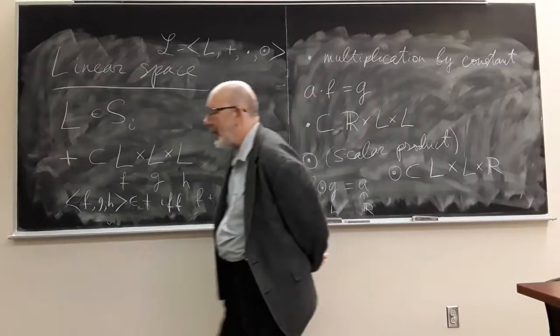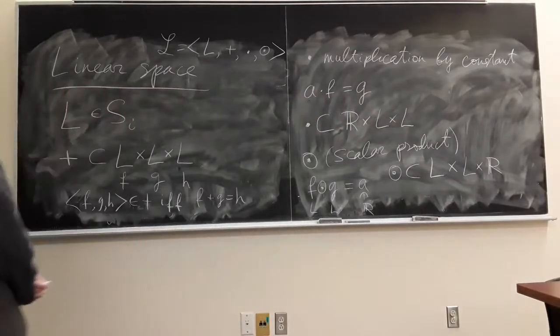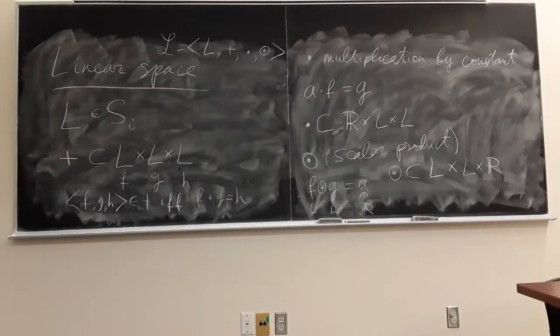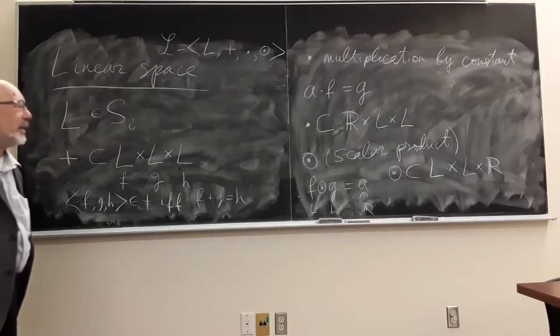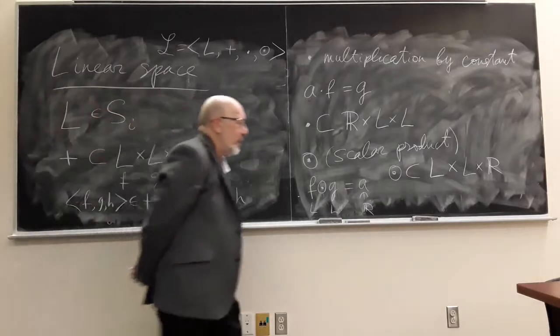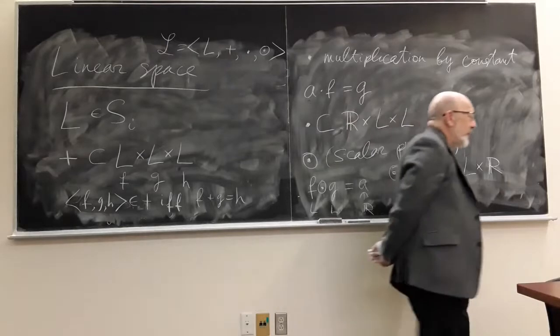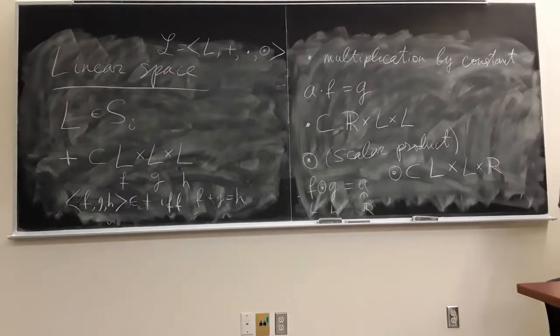However, we are not able at this moment to say, say, linear space. It should not only be some collection of elements and operations. So this operation should satisfy some conditions.